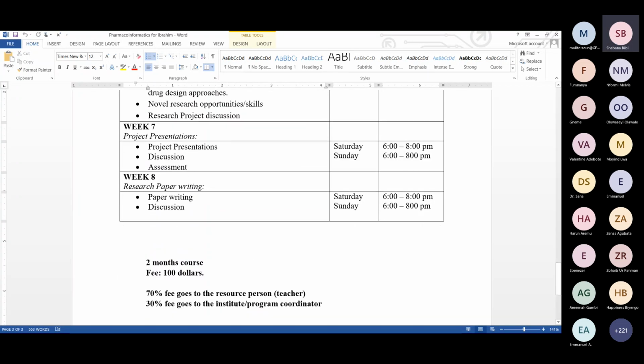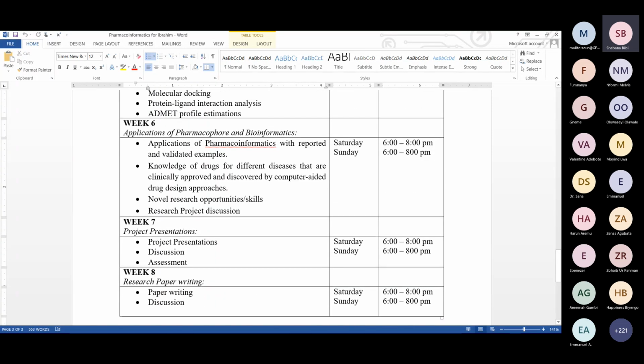In the 8th week, I will discuss how to write a research paper, and on the basis of that we will be able to write one. When we are able to write a research paper, we will have an opportunity to publish it in different journals, because I am already working on the editorial board of different journals, and I have already published more than 60 research articles.